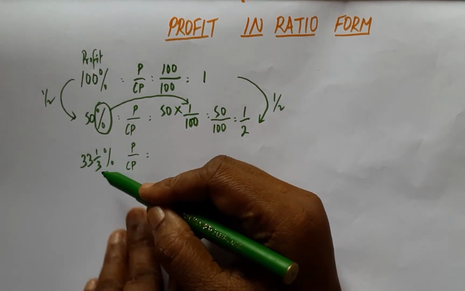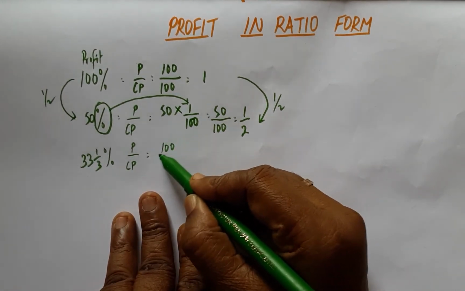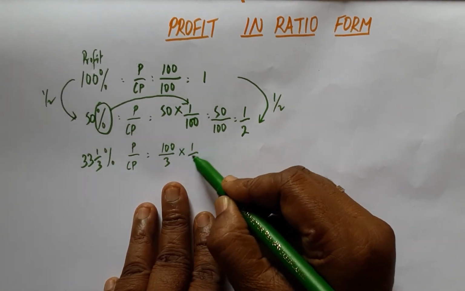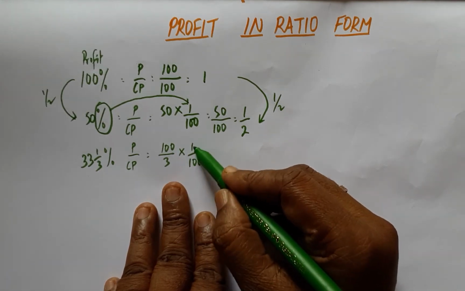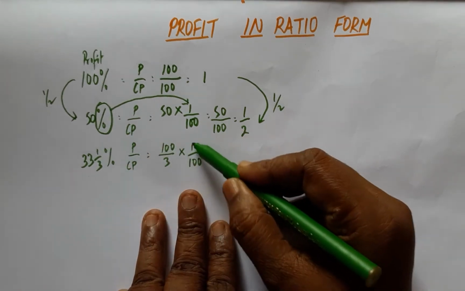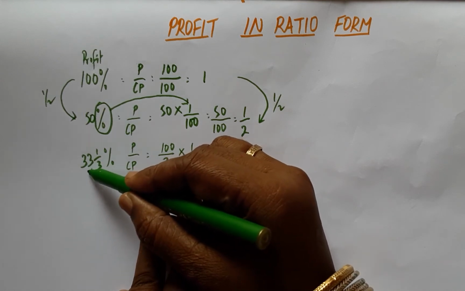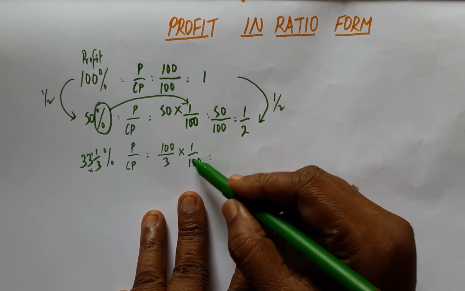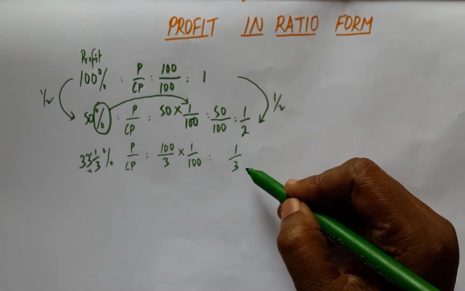If I have 33 1 by 3 percentage profit, that is, I sold it at an additional 100 by 3 rupees for every 100 rupees. For every 100, this is the percentage. I am replacing this symbol with 1 by 100, and I have converted this into 33 into 3 plus 1 gives 100 by 3, and this will be 1 by 3 fraction.